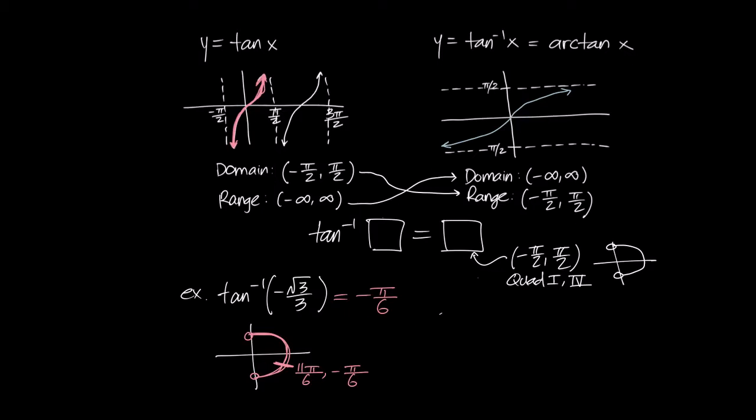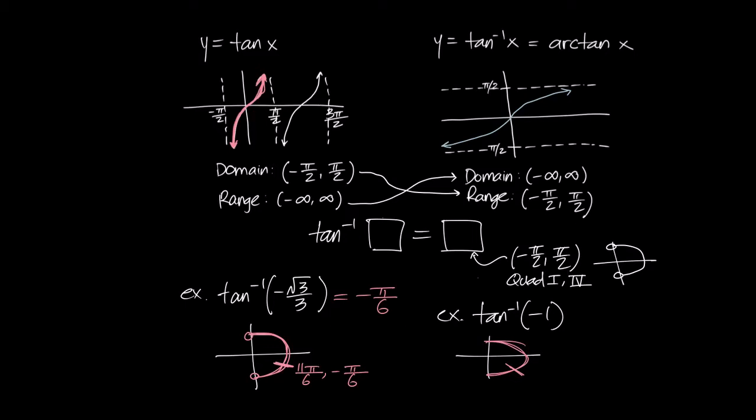Okay, let's look at another example. Let's say I have inverse tan of negative 1. Where is tangent negative 1 in the first or fourth quadrant?